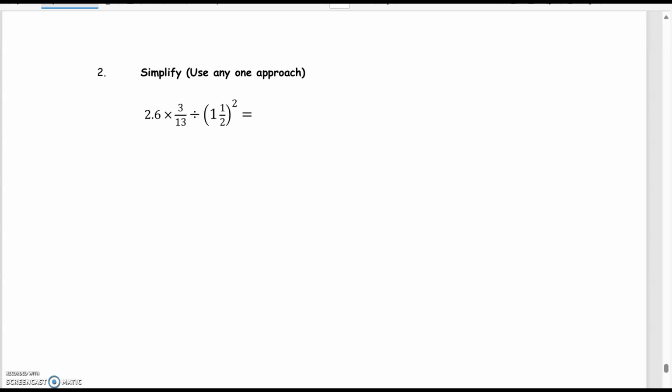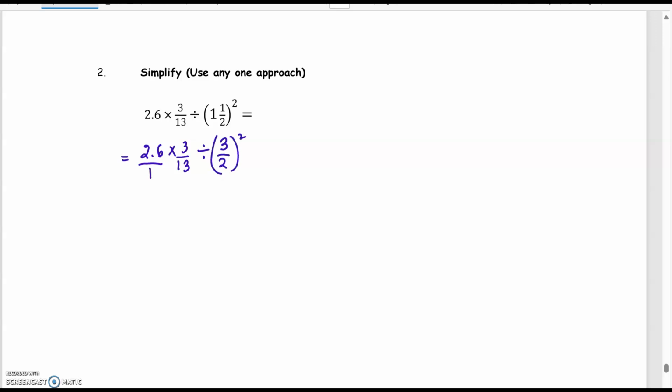So let's see. I'm going to go 2.6 times, so 2.6 over 1. It looks like there are a lot of fractions, so we could change everything to fractions if that's what we're comfortable doing. Divided by 2 over 1, or 3 halves, the whole squared.